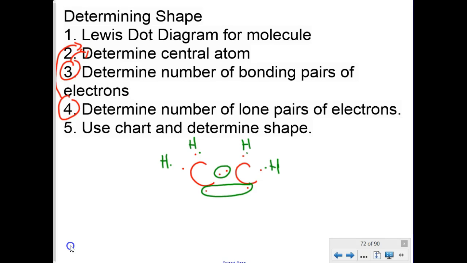There's a double bond between two C's. It doesn't matter which carbon we make the central atom because it's a symmetrical molecule.